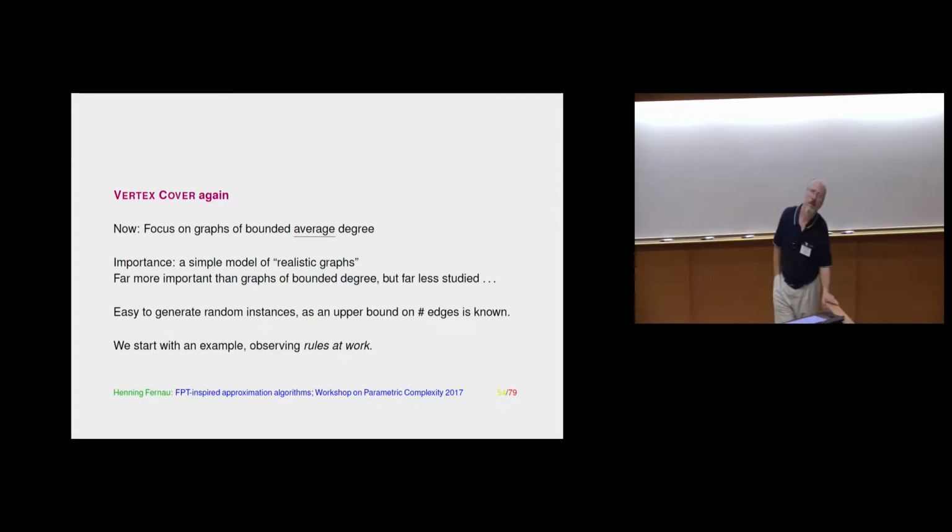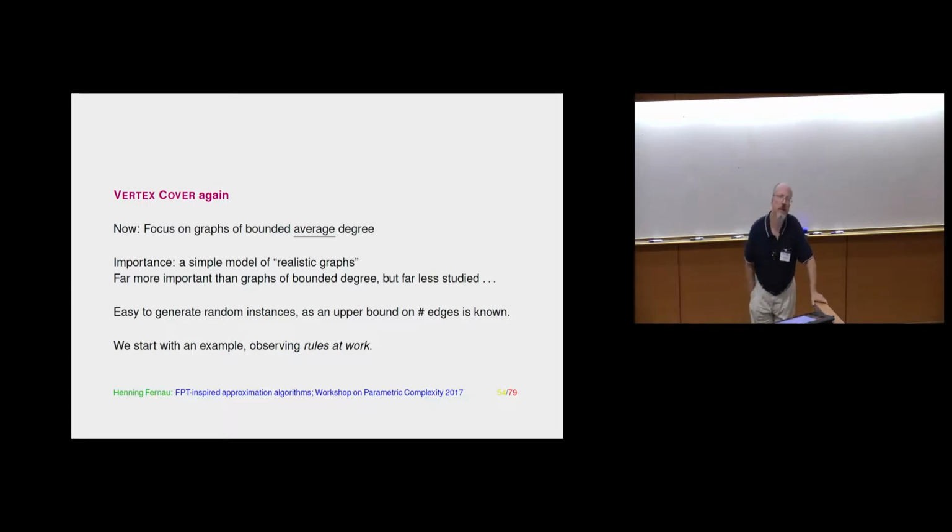Furthermore, if it comes to practical things like testing algorithms, I will show you several of these in the following as well. It's very easy to generate random instances here, because you have this nice upper bound on the number of edges. That's what you basically use, and then you can fairly easily generate these kinds of graphs.